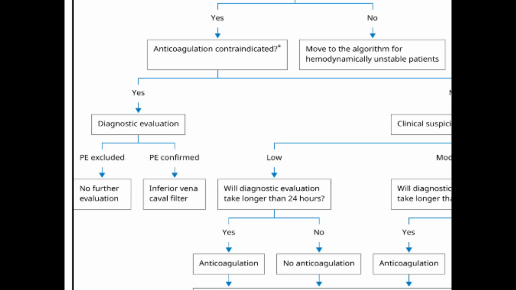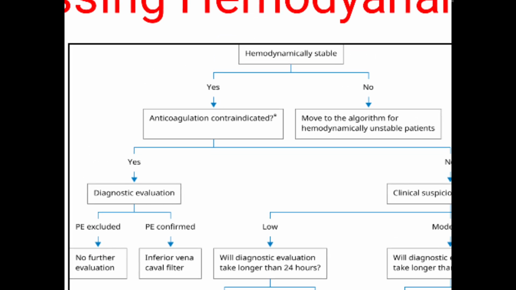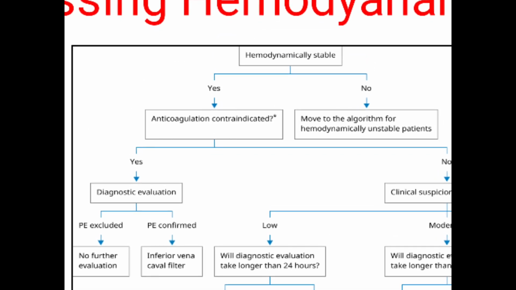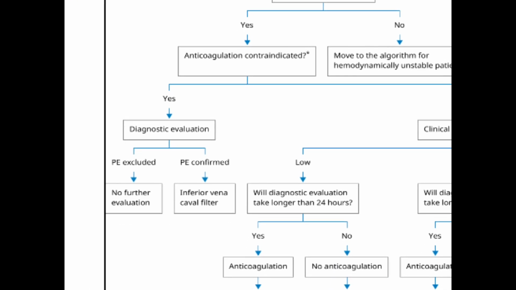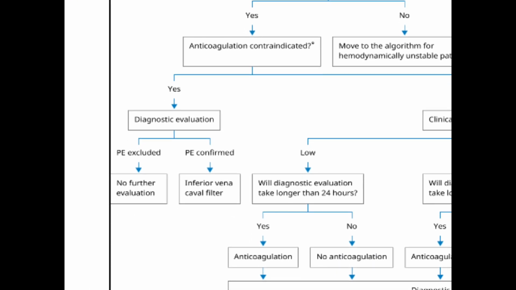If the patient is hemodynamically stable, then we have to see whether anticoagulation can be given or not. If anticoagulation is contraindicated in such a patient, then we will do diagnostic evaluation and we have to exclude pulmonary embolism.